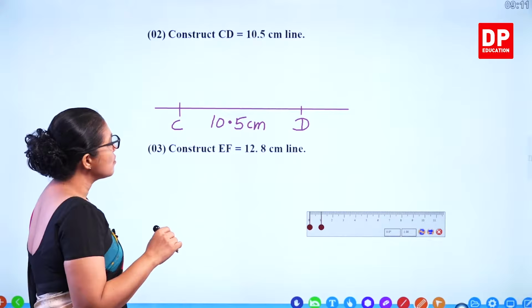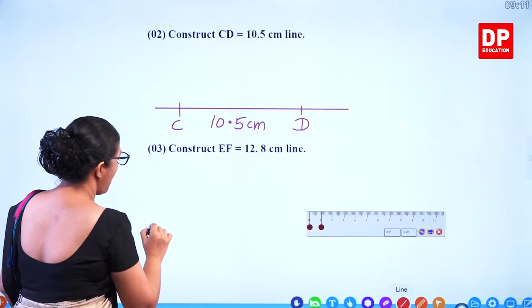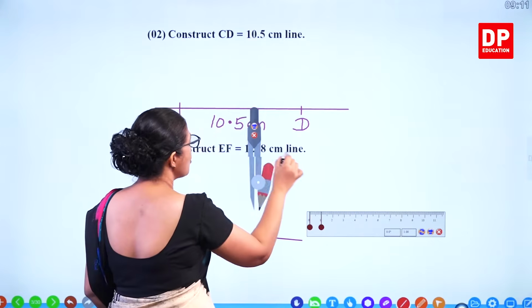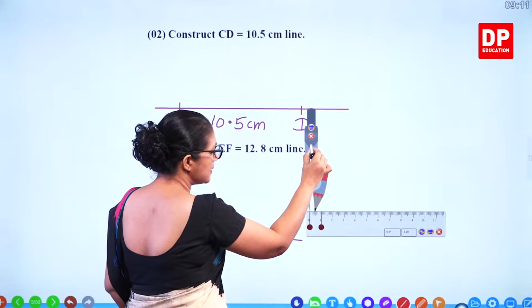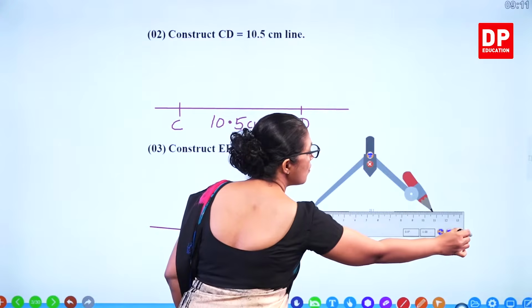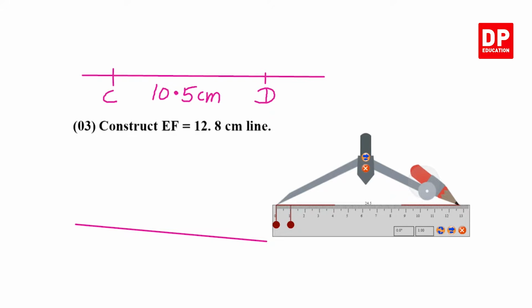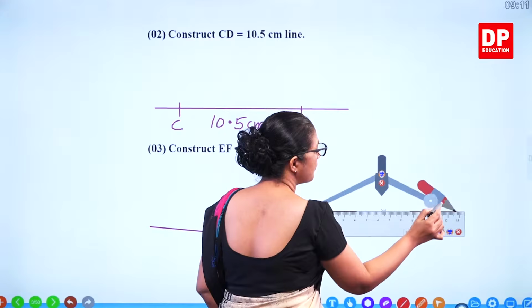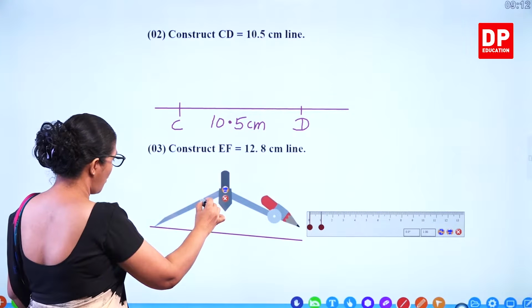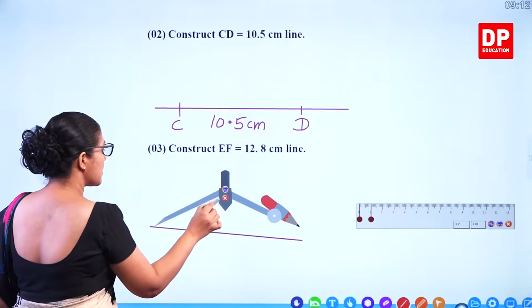Do the same thing. Construct EF equals 12.8 centimeter line. So you can draw another line and then you take the compass and measure 12.8 centimeter. So this should be more. 12.8 centimeters. So you keep on top of the line and then you can mark the points.